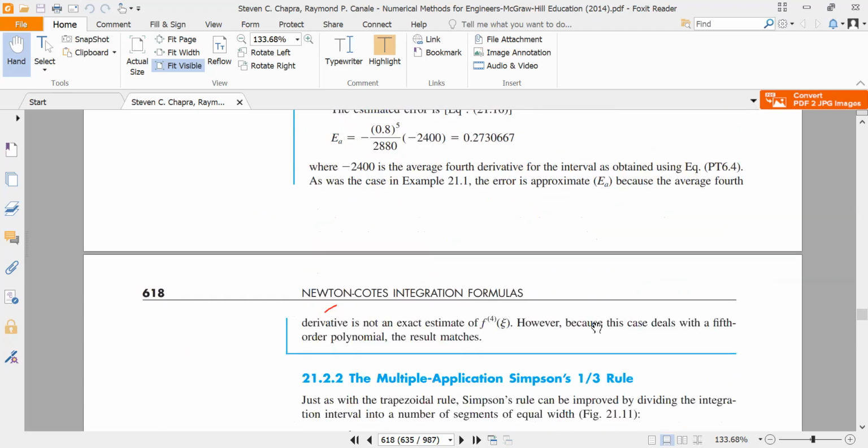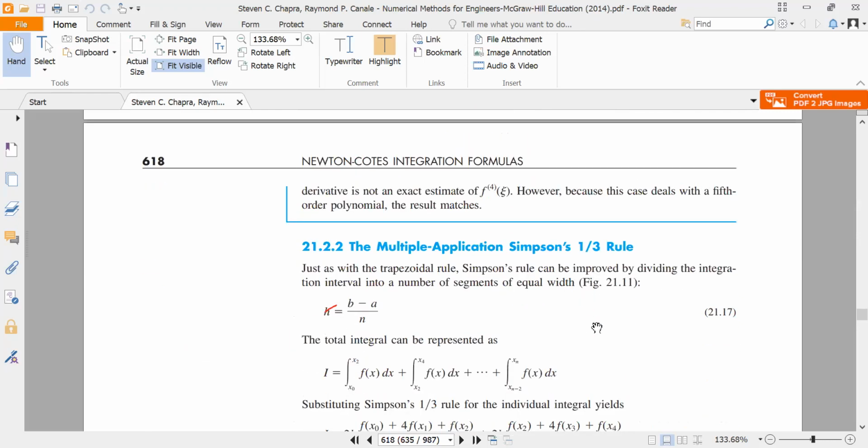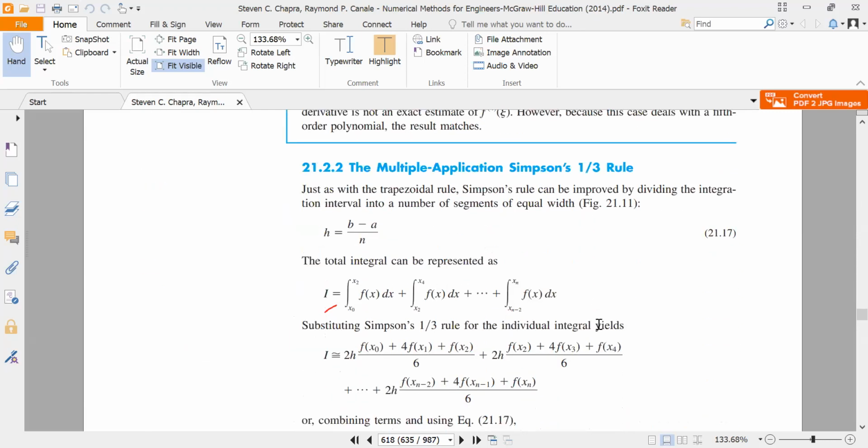Try to redo it. The multiple application of the 1/3 rule is there, and you see a segment from x equal to 0 to n. We are considering that we have n plus 1 data points between A and B. Then you can subdivide the region between A and B into n segments, and each segment will have a width equal to h.